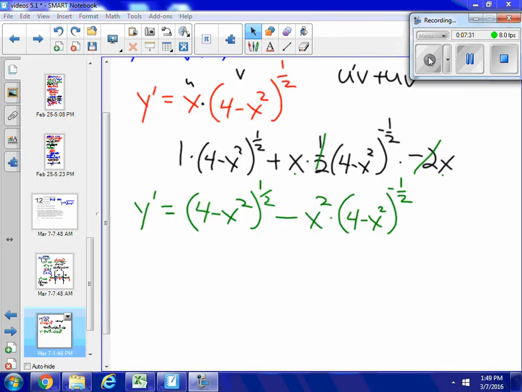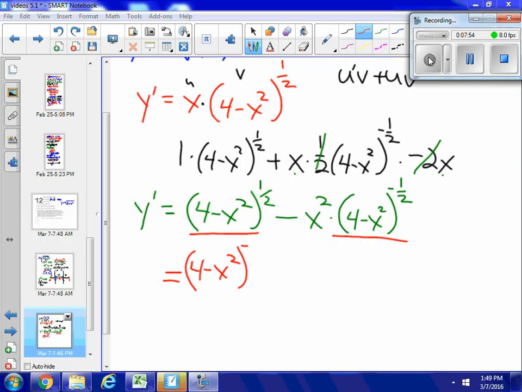I would probably be okay if you left it like that, but with a little bit of experience, I can see here I can make it a little bit more simple if I factor out a (4 minus x squared) to the -1/2. So I'm going to go (4 minus x squared) to the -1/2.